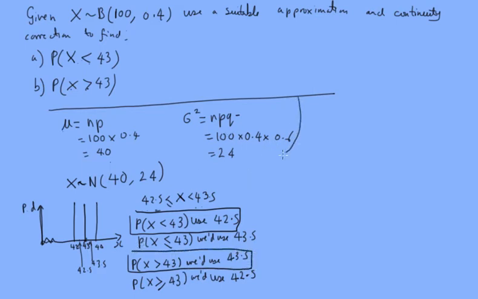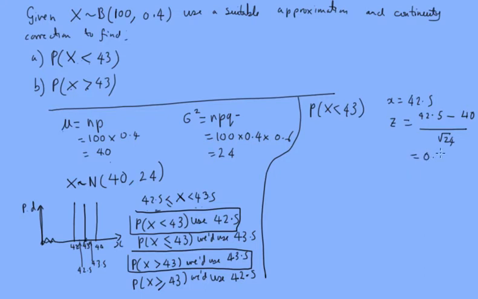Okay, so let's now look at the probability that x is less than 43. So our value for x is going to be 42.5. We decided that there. So our z value for the normal distribution will be 42.5 minus 40 over root 24, which gives us 0.5103.